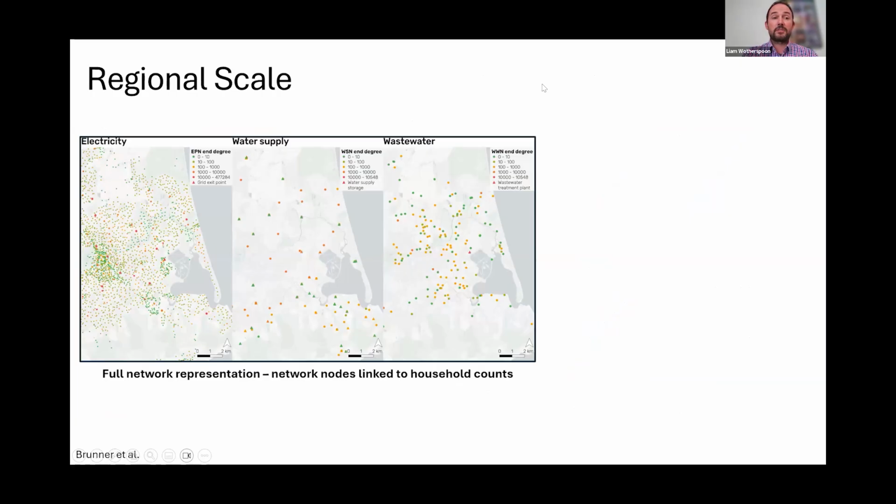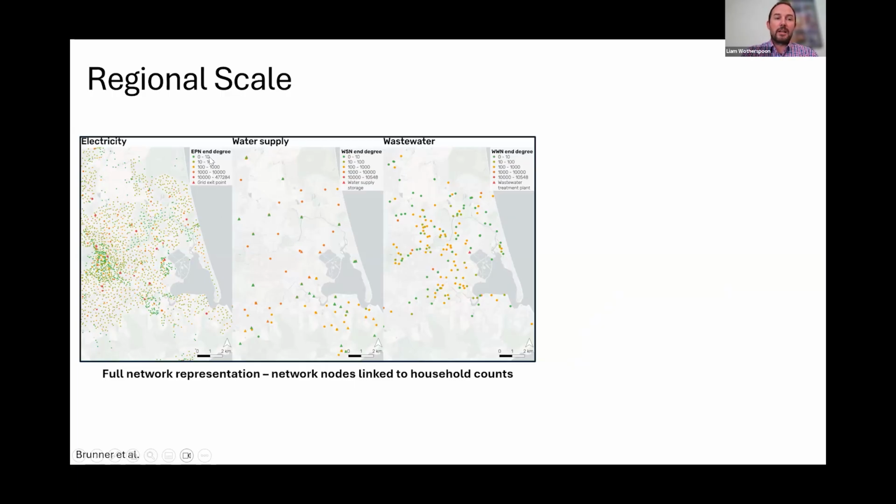As I said, we can focus down regionally. Here's an example of network nodes. We have these full network representations for electricity distribution, water supply, and wastewater in the city of Christchurch. Based on that, the key piece is to link that to household counts.